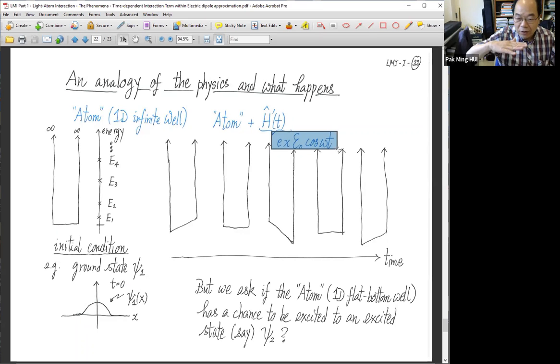So for a particular omega, you are asking, let's say it is initially here, after 1 microsecond, what is the probability it is found here? Do you understand the question? That is the question. It is easier to think about.